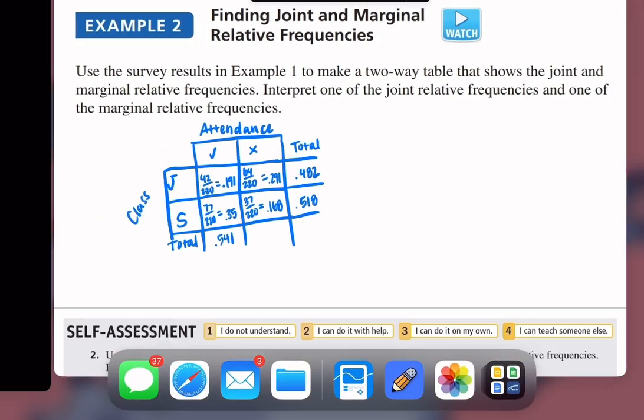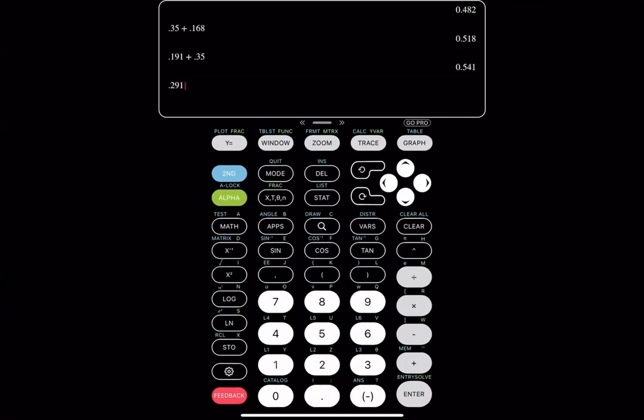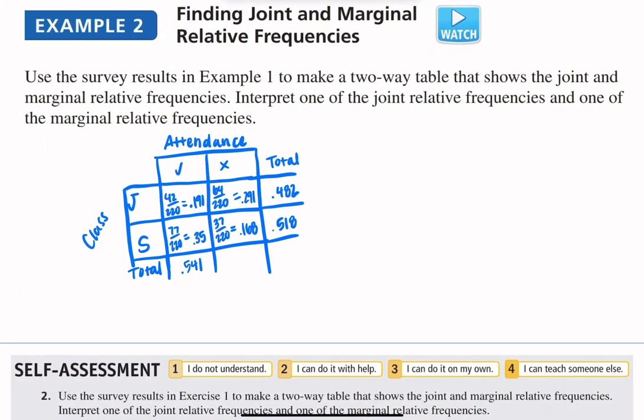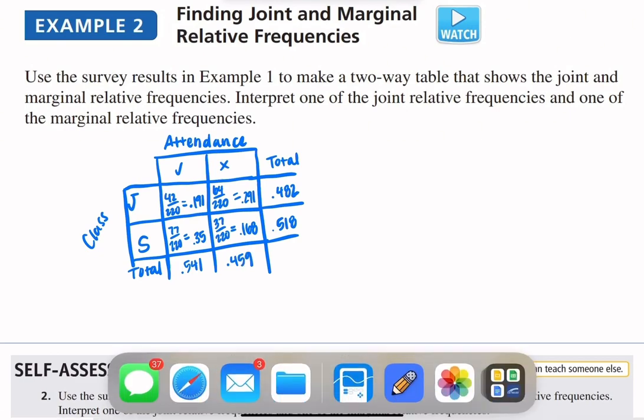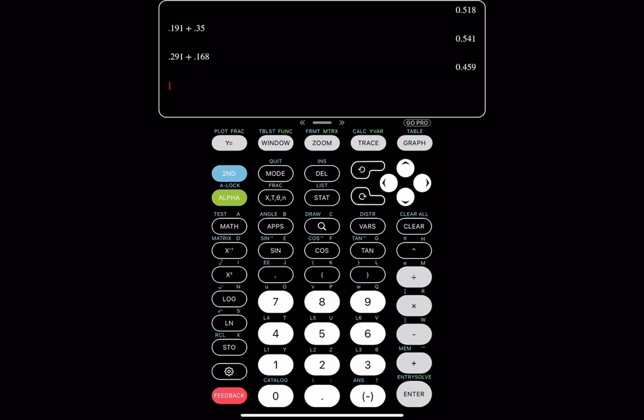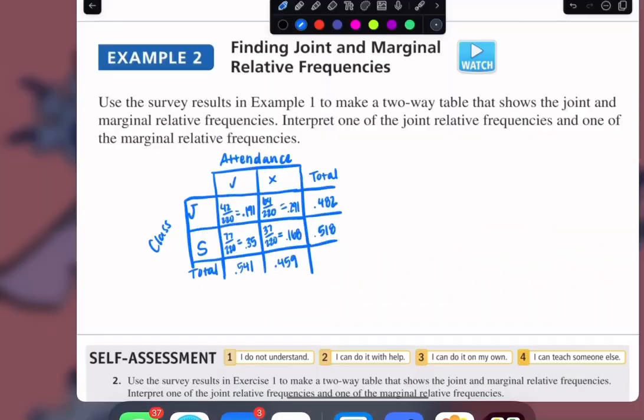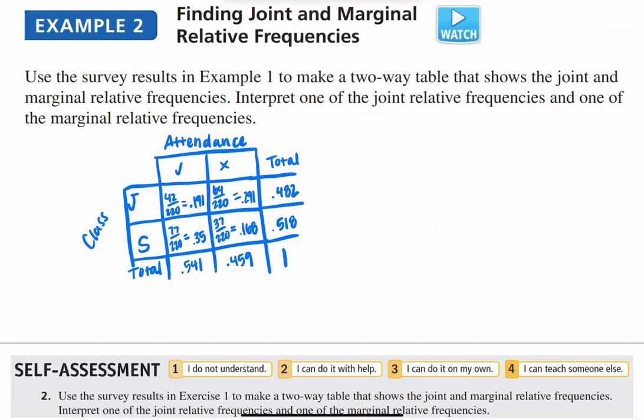Not attending, 0.291 plus 0.168 is 0.459. And then we'll just do the last one, 0.541 plus 0.459 is 1. Make a note here. This will always be 1, because you're adding all the probabilities.